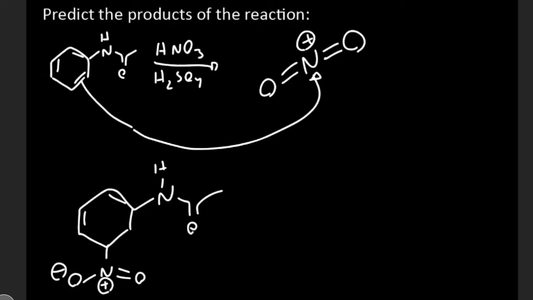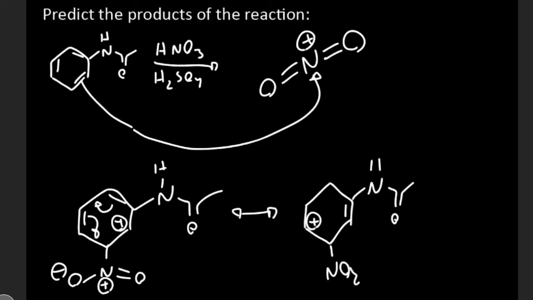So in this intermediate that's formed, we have a positive charge here, and he's going to be withdrawing electrons. In this case, the positive charge can take up a couple locations on the benzene ring, like that, or it could be, I'm running out of space here, but it just continues, or it could be here.